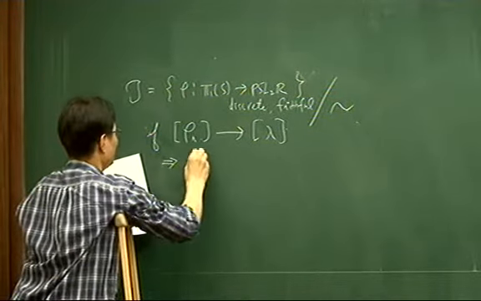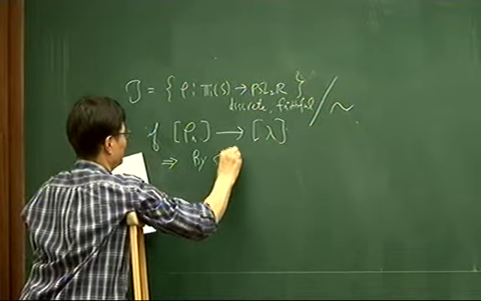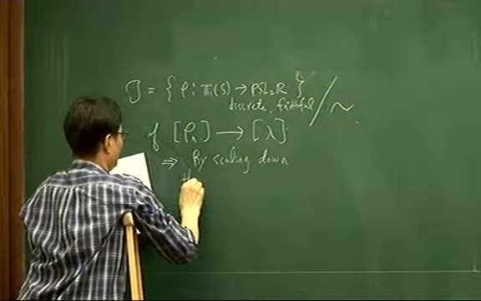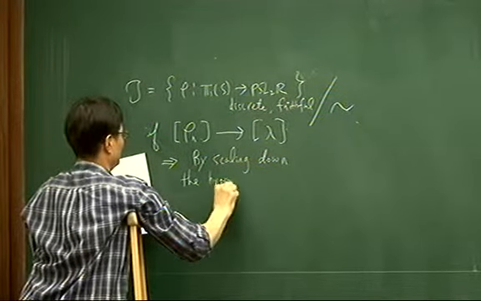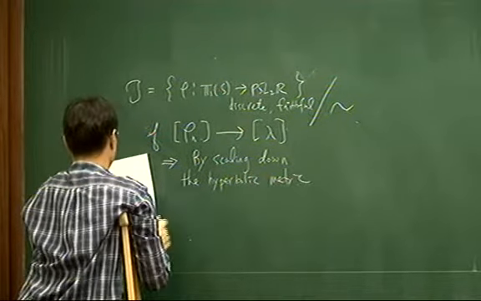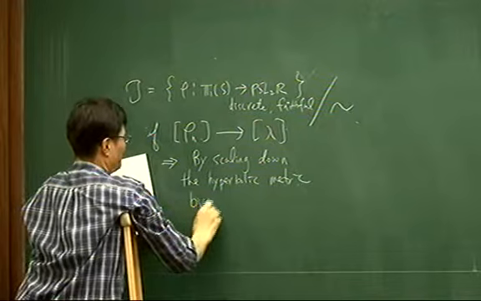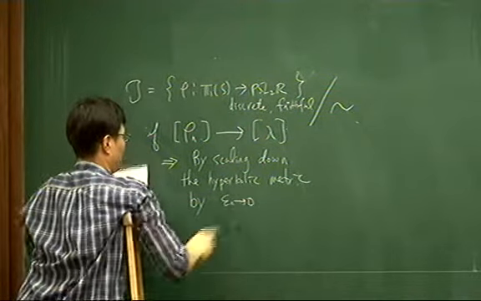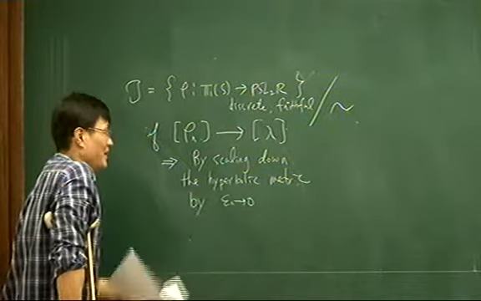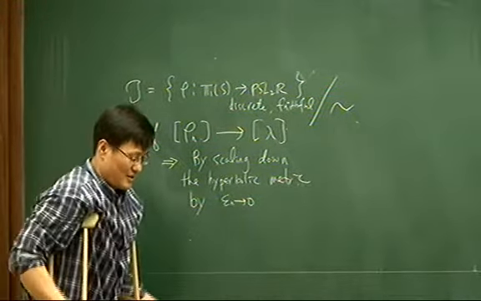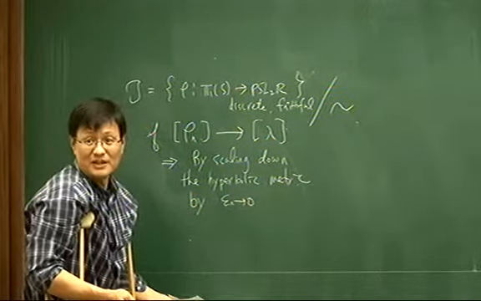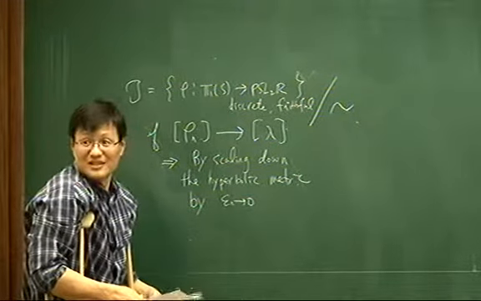So if it diverges like this, this means, by scaling down the hyperbolic metric by some appropriate constant which goes to 0. Okay, suppose you have a constant curvature minus 1 hyperbolic metric. You scale down the metric by dividing by this thing.